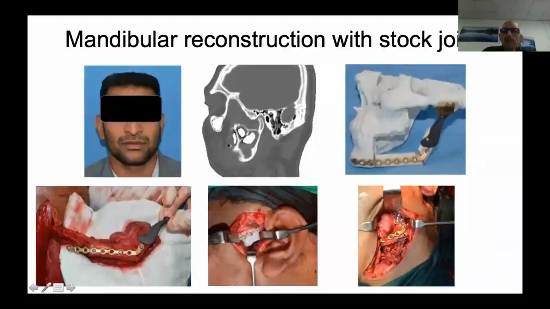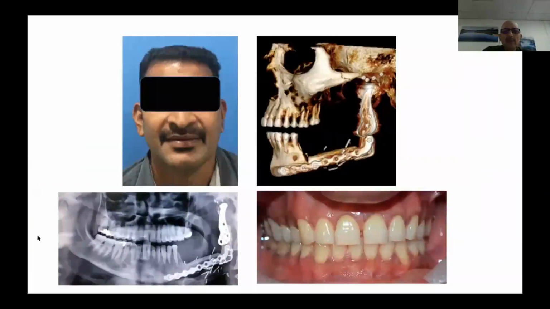Now this is another patient in which we have used fibula, and this is a preauricular incision given for fixing the component, which is the ultra high density polyethylene, and this particular thing is the stock joint. It gives an extremely good outcome for this patient, which looks nearly normal. You can see this is in place.